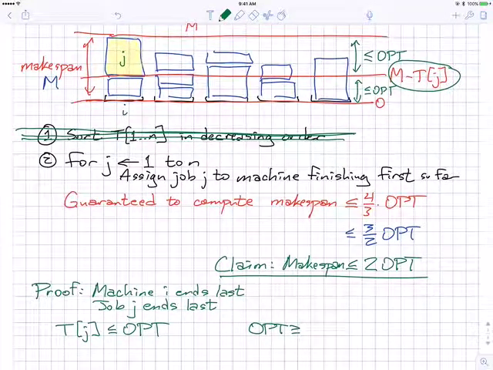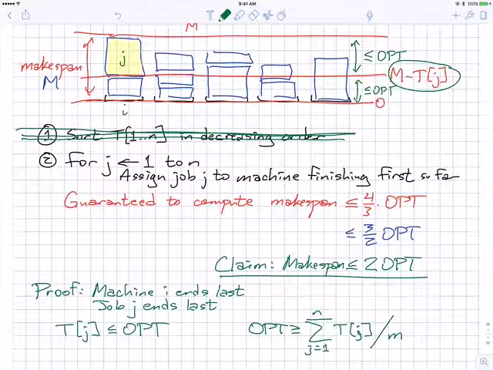So are there any things that I can show optimum is bigger than? I showed it's bigger than the running time of job J. Are there any other things that I can show that optimum is bigger than? The sum of the running times divided by the number of machines. So I can take the running time of all the jobs and divide it by m.